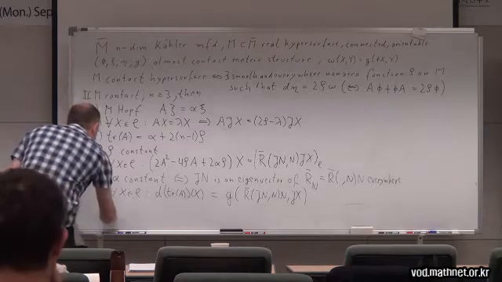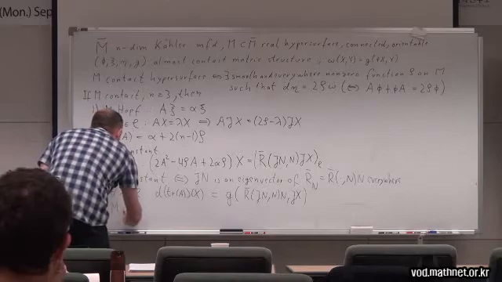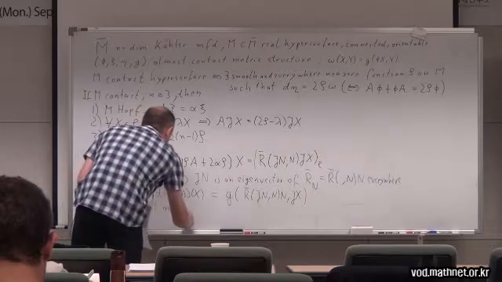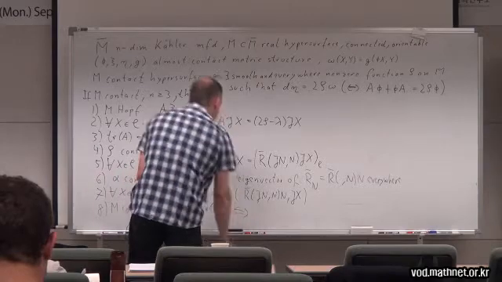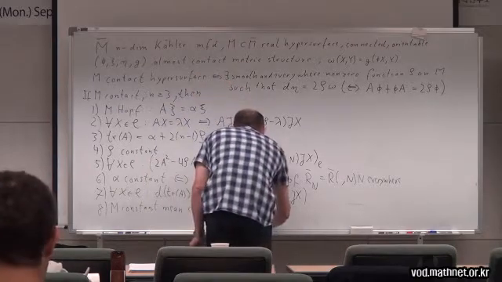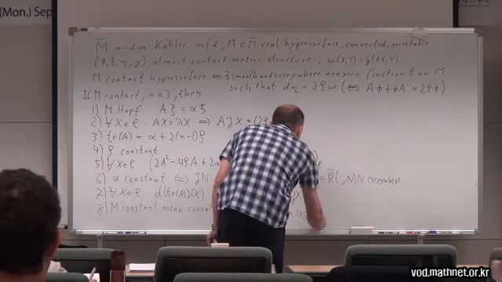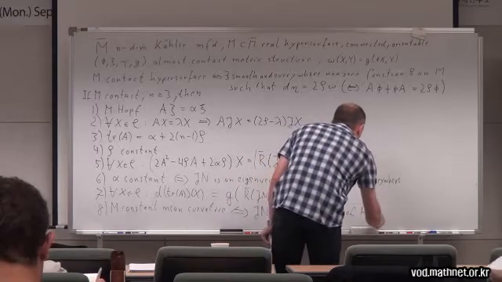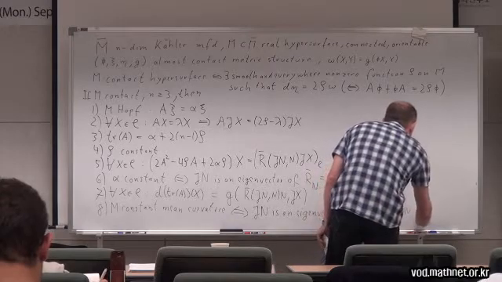And what we get as a consequence of this, and I think this is what I mentioned at the end, is that M has constant mean curvature precisely if exactly this condition holds: Jn is an eigenvector of R_n, so Jn is an eigenvector of the normal Jacobi operator everywhere.